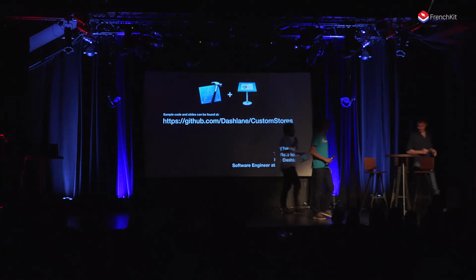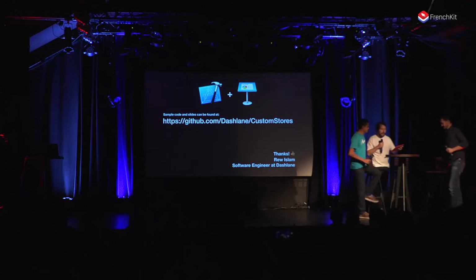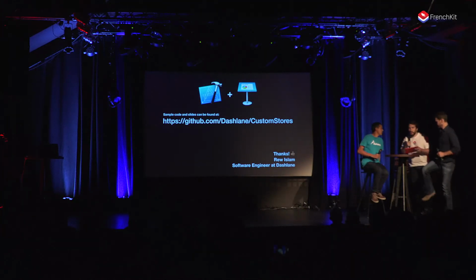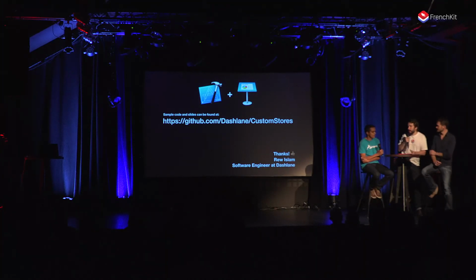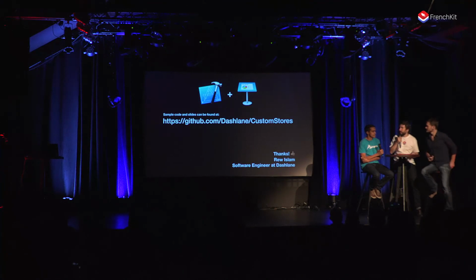So, first question. Why do you use Core Data instead of a custom solution? Why didn't you use a different database or build your own? I mean, our application is fairly simple. It's table views, so it makes sense to use a native solution.